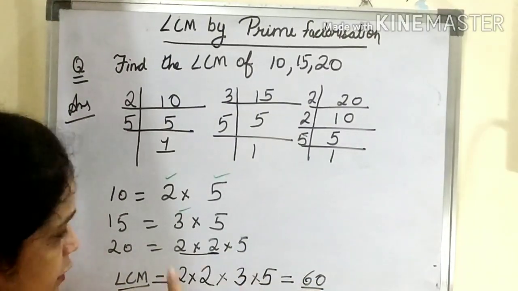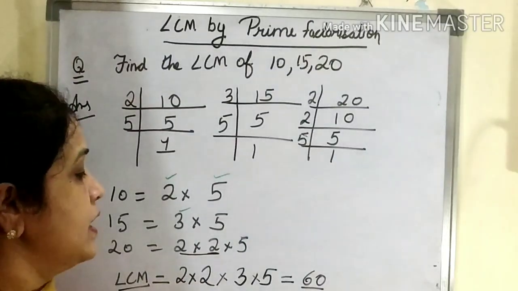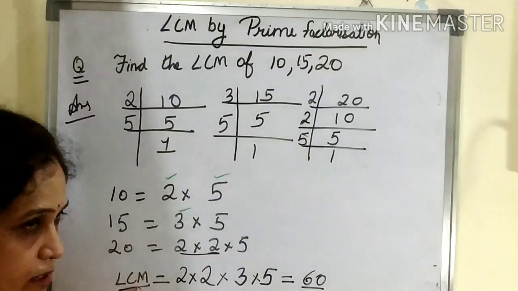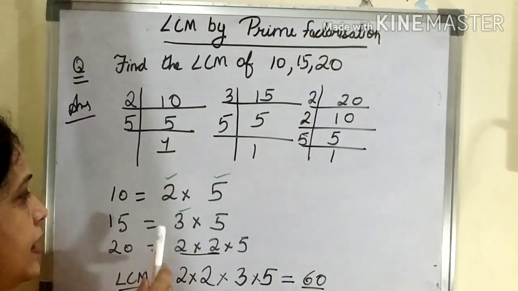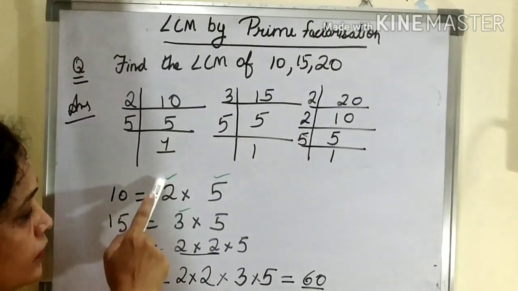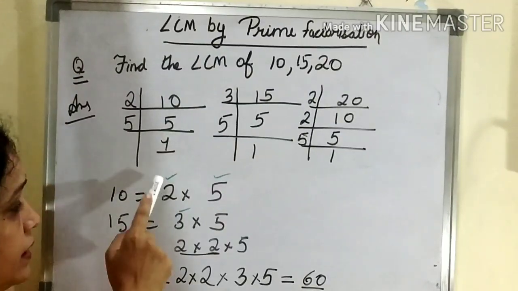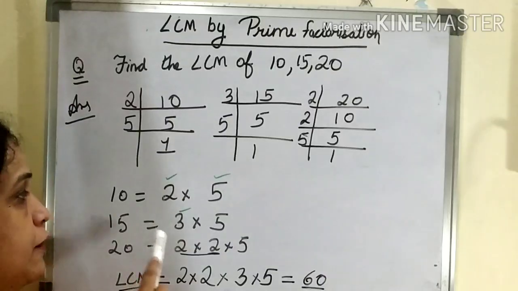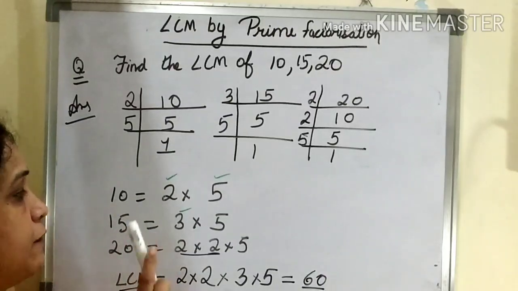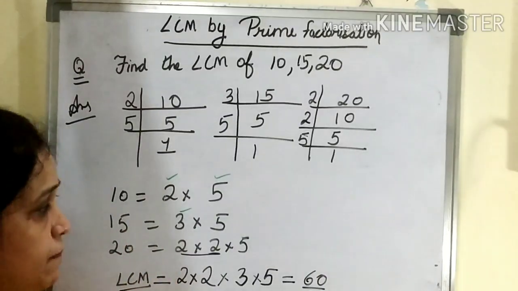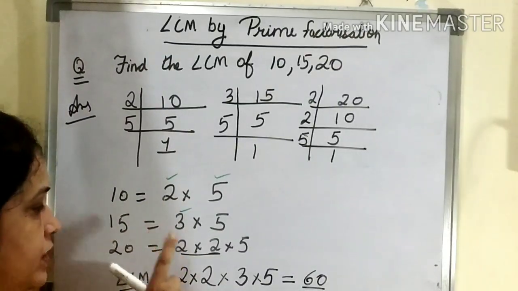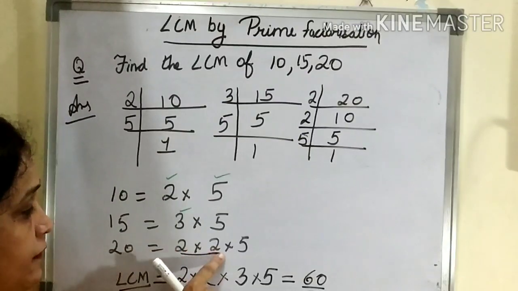I got 60 in the first method. By the first method I got 60, and by the prime factorization method I also got 60. Now in this method, again I am telling, what we have to do is find the product of whatever prime factors are coming in all the 3 numbers. Plus, for any prime factor we have to find the maximum number of times that prime factor came. For example, here 2 came 1 time, here 2 is not there, here we have 2 two times.